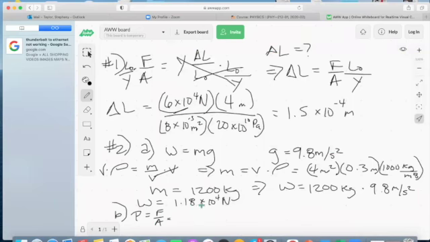So what we can do is plug in the 1.18 times 10 to the 4 newtons, and put that over the area, which they told us was 4 meters squared. And once you plug that into your calculator, you should end up with 2.95 times 10 to the third pascals.